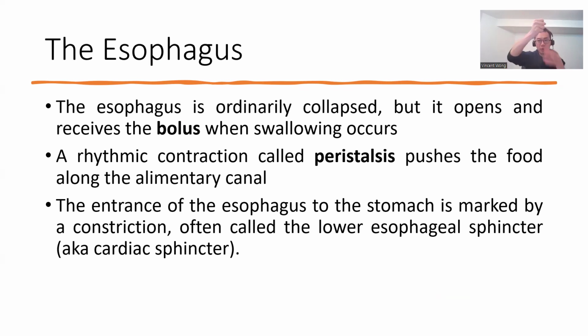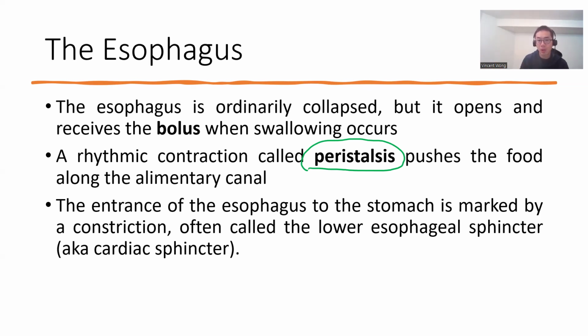There's the squeezing motion, and then there's the pushing motion. Circular muscle will squeeze, and the longitudinal will push, and then the bolus is going to go down. So this rhythmical squeeze and push creates wave-like contractions, and we call it peristalsis. And that is the kind of movement that propels the food all the way through your GI tract.